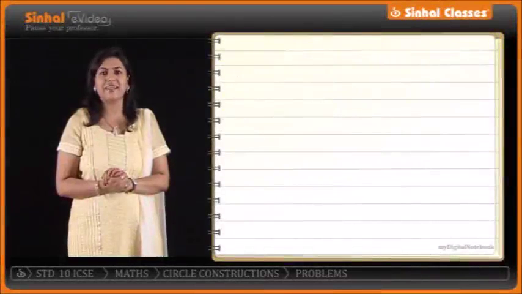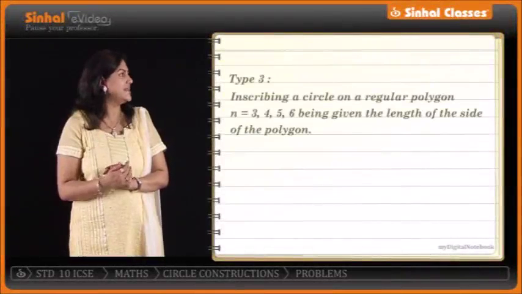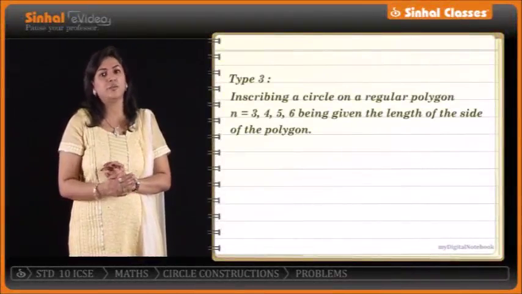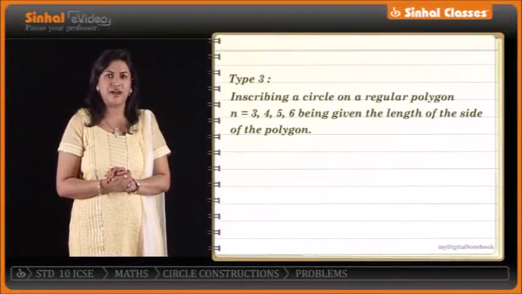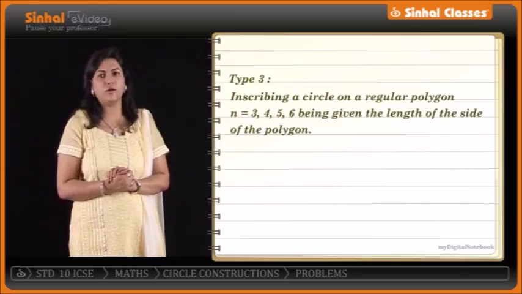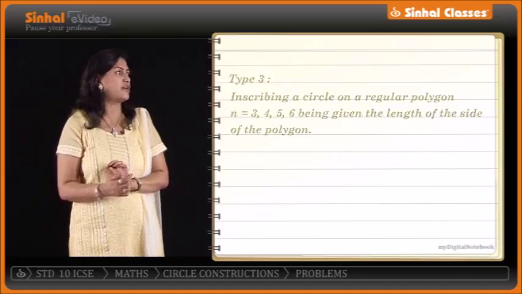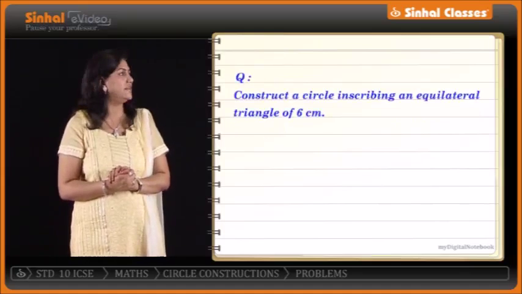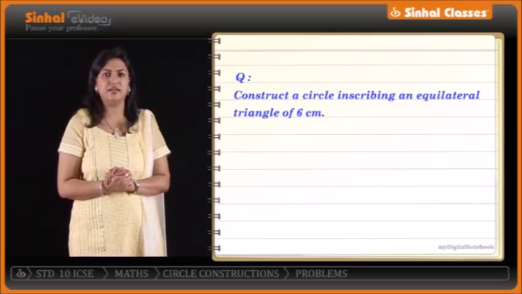Now let's look at the next type, that is inscribing a circle on a regular polygon with n as 3, 4, 5 and 6 being given the length of the sides of the polygon. Now construct a circle inscribing an equilateral triangle of side 6 centimeter.